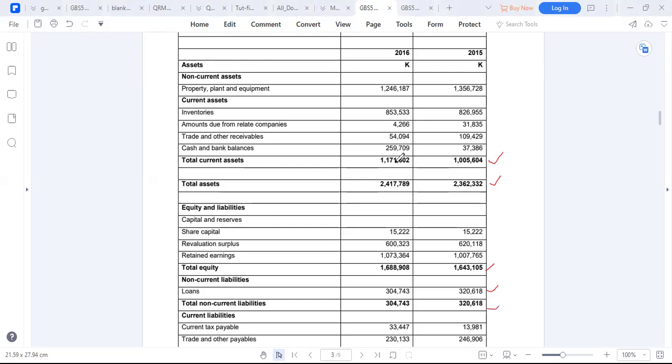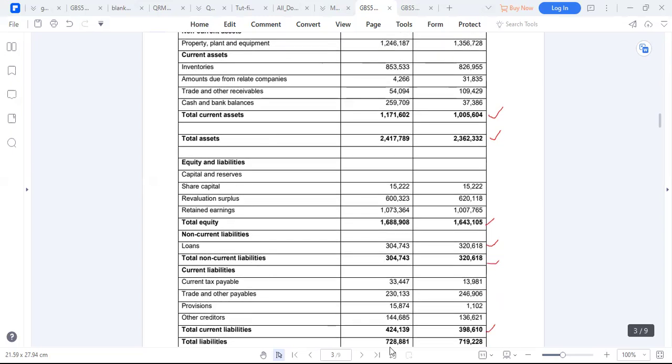This figure, 1.1 million, divided by the current liabilities, which is what? What is our current 427? Our current liabilities, yeah, 424.